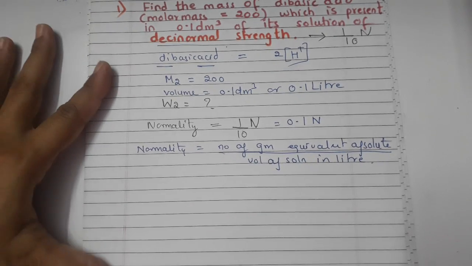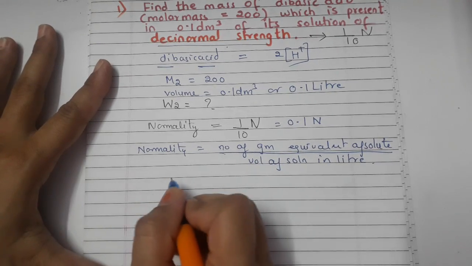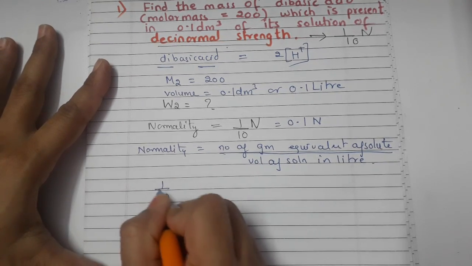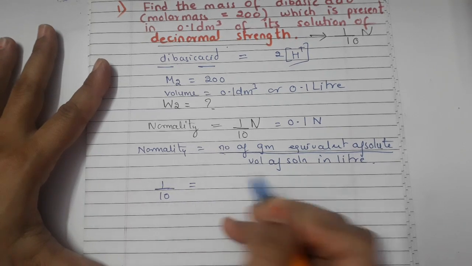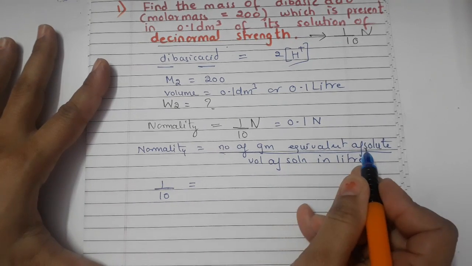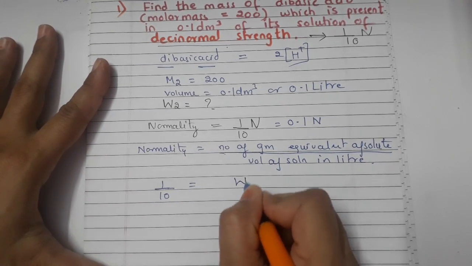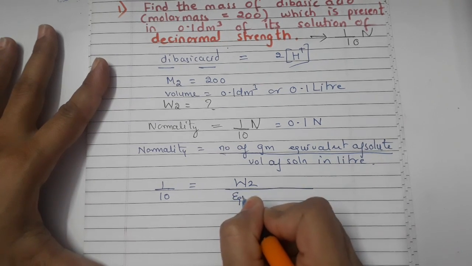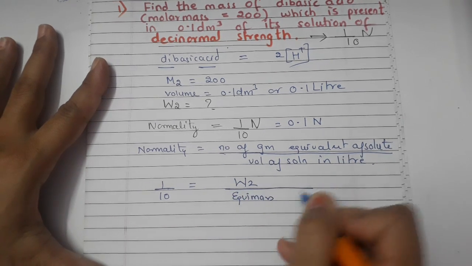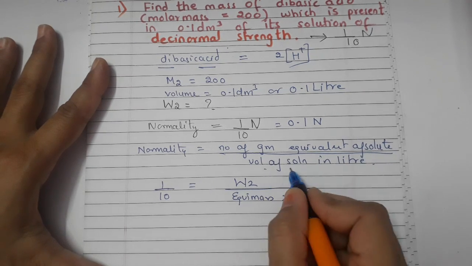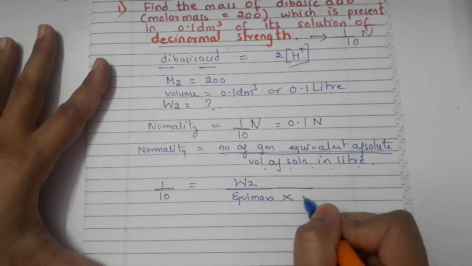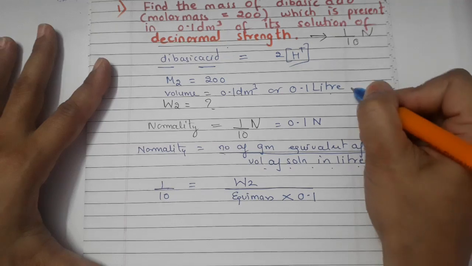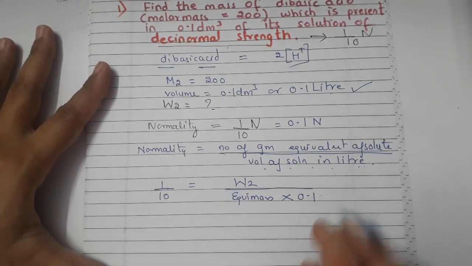Normality is already given, 1 upon 10, so I have just substituted the value. Number of gram equivalents of solute means mass of the solute upon equivalent mass, into the volume of solution in liters, which is already given, 0.1.